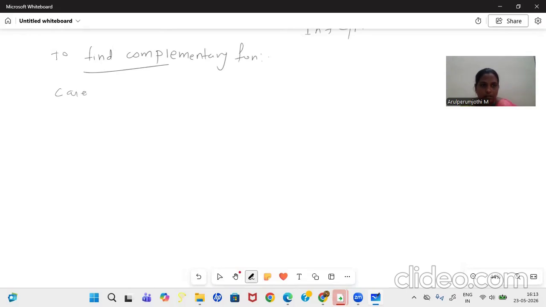First case, if the roots are, okay, so from the auxiliary equation you will find the roots. Suppose the roots are real and distinct, different ones, then this complementary function CF is A e^(m1 x) plus B e^(m2 x).